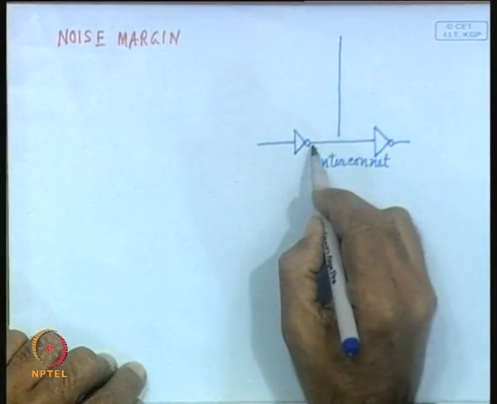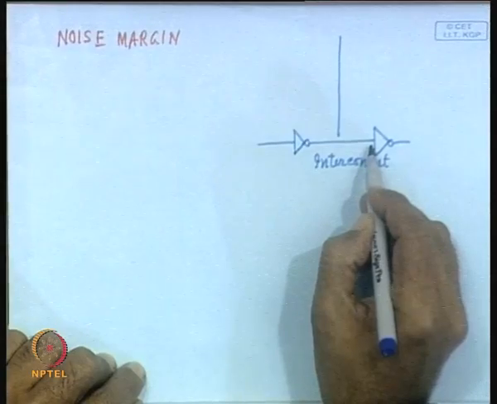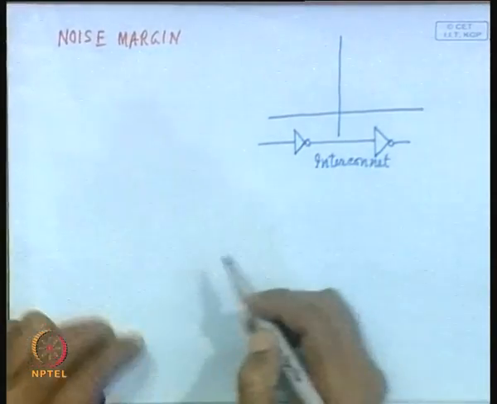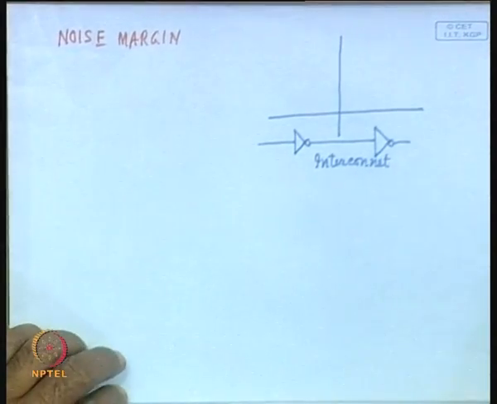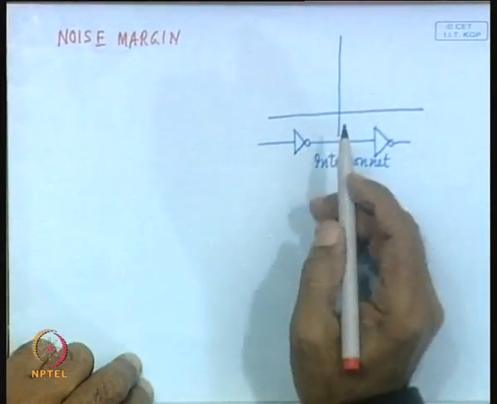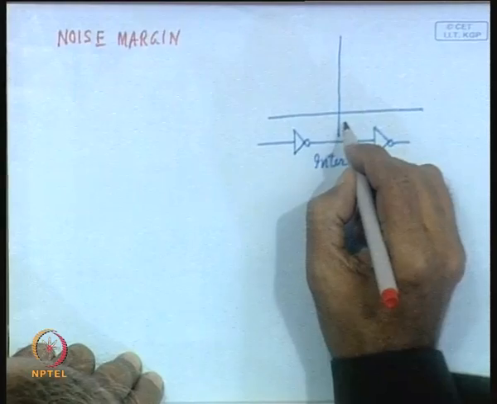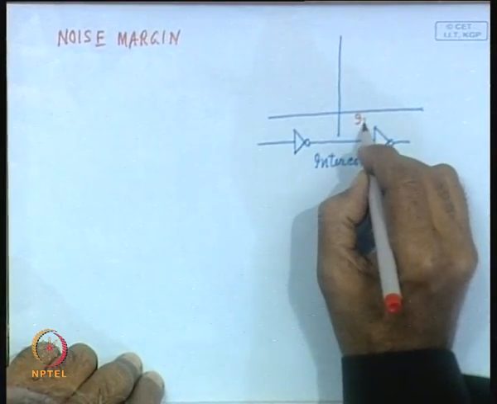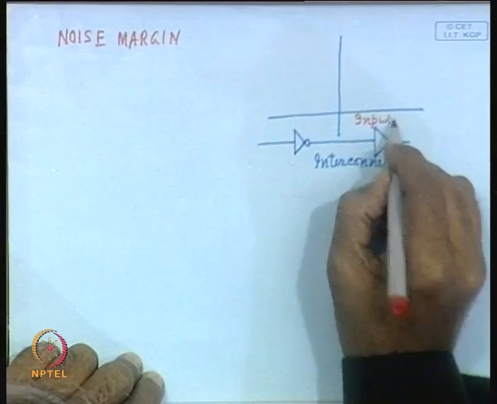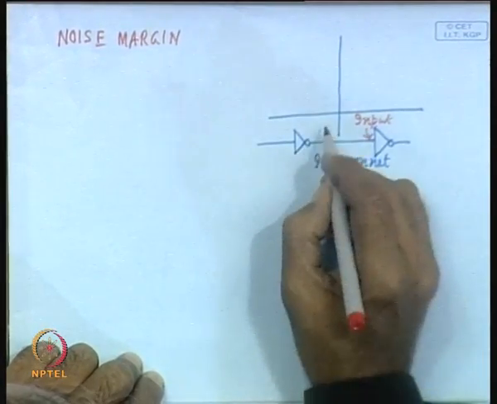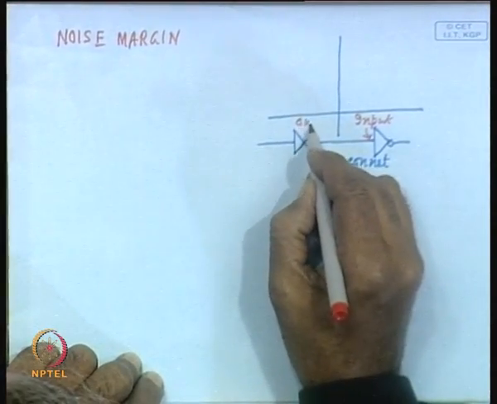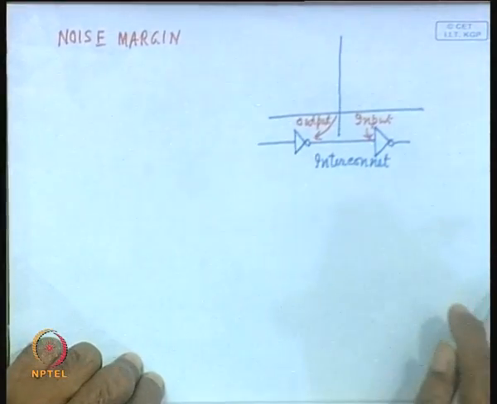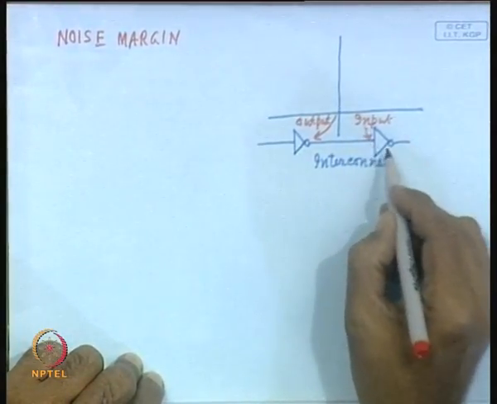Output of one inverter is being applied to the input of another inverter. So, in this case we can represent the voltage levels. For example, say this is the input to the next level here, and here is the output of the first inverter and this is the input of the second inverter.